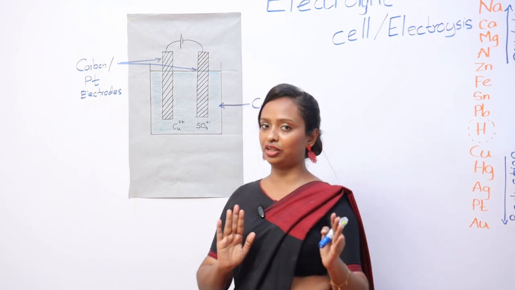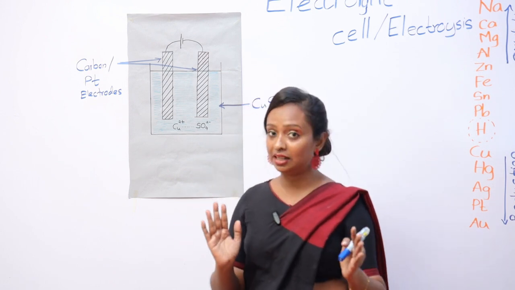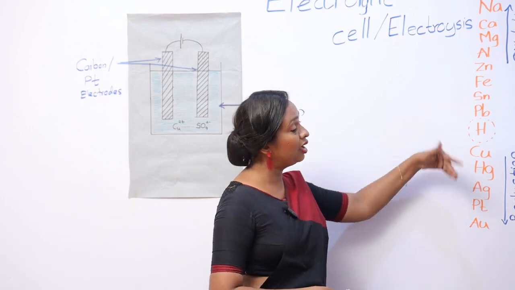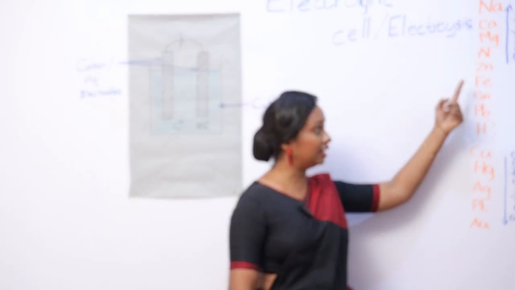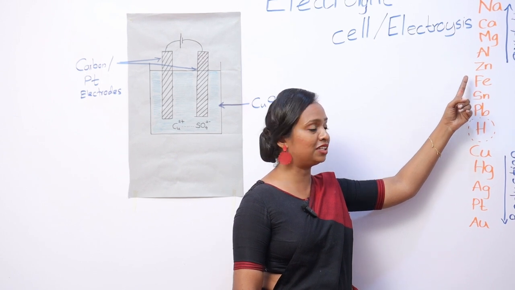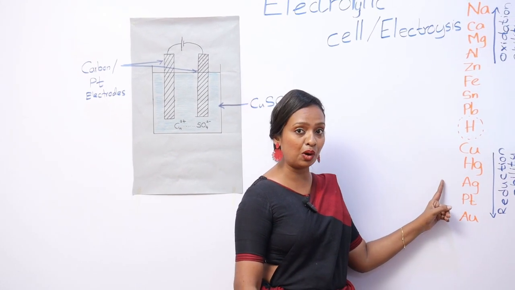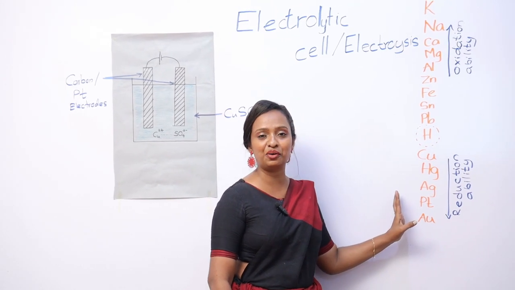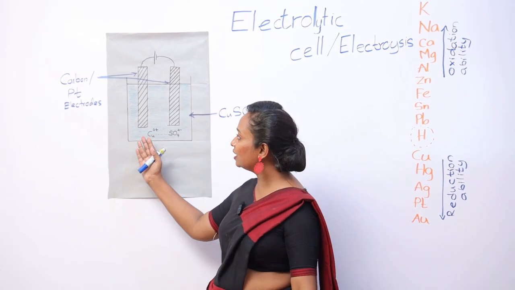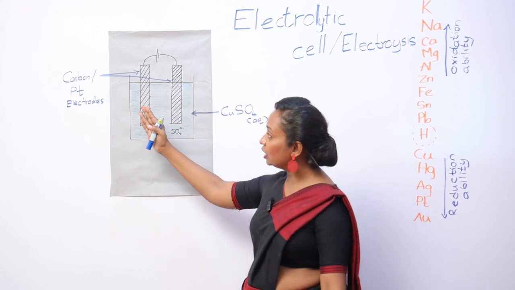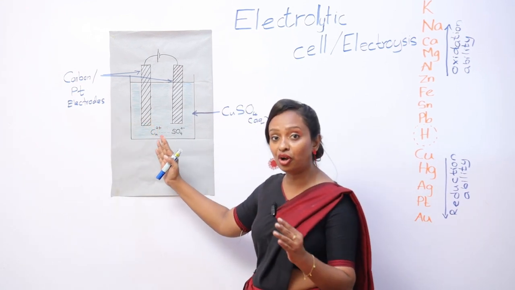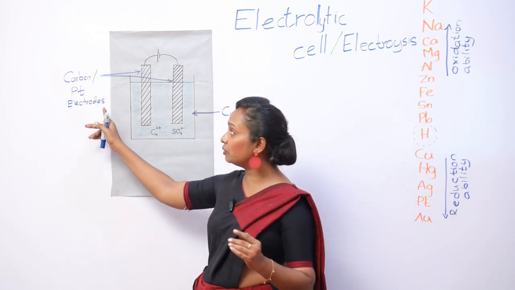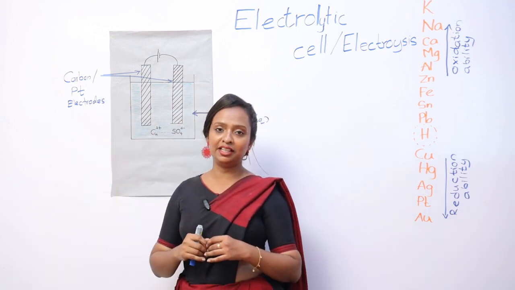Not like electrochemical cells. If you remember, in electrochemical cells we used electrodes with one in the upper area of the activity series and one in the lower, so one oxidizes and the other reduces. But here I am using electrodes which are not going to react with the electrolyte. See what the elements are: carbon and platinum.